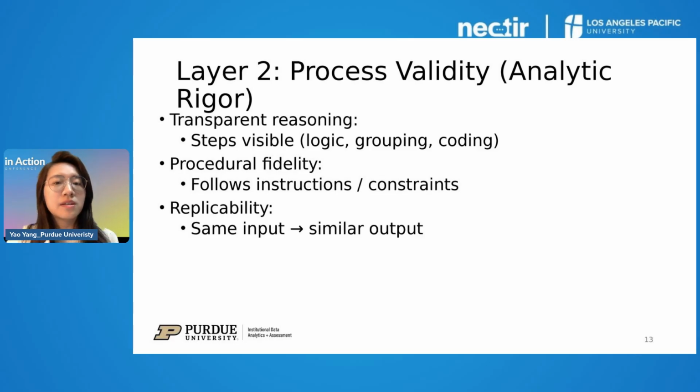We check whether the AI follows the instructions and the constraints we defined. And also the replicability. If we give the same input, we should get a similar output. So this is important because even if the output sometimes looks correct and reasonable, the process may not be reliable.